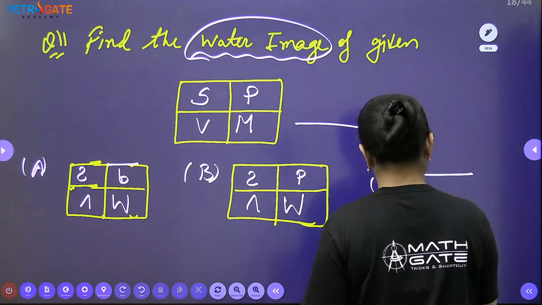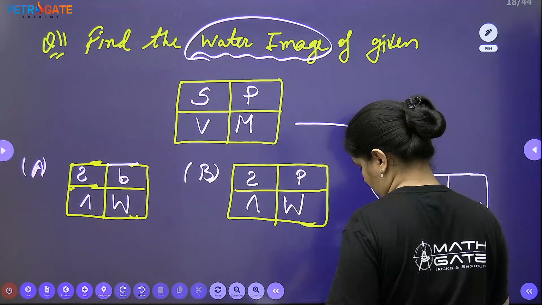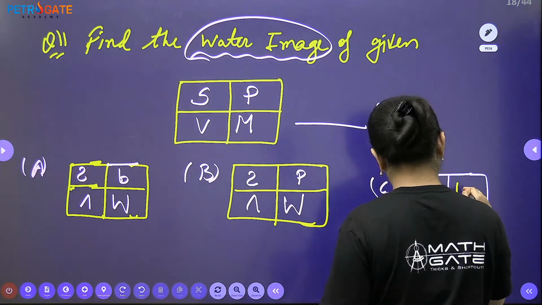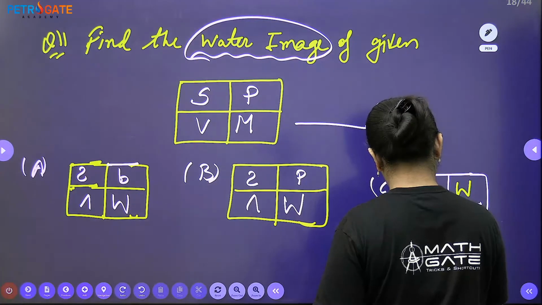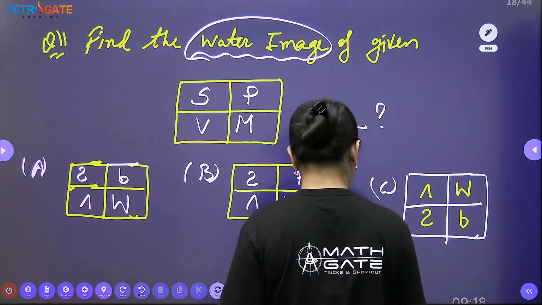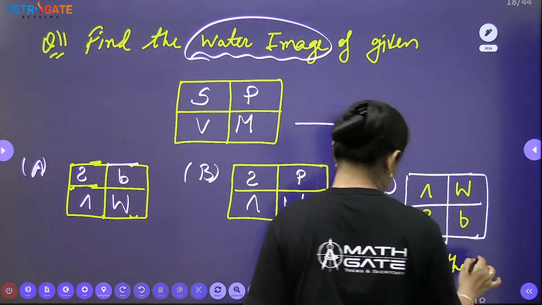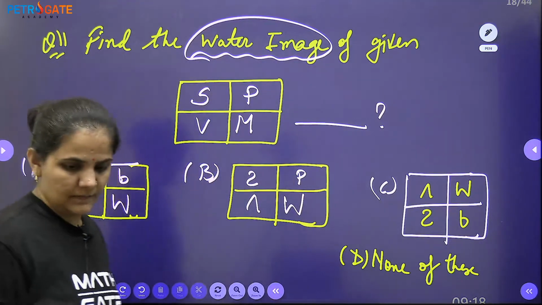So this is V, M, S and P, and when we go for the last option it is none of these.